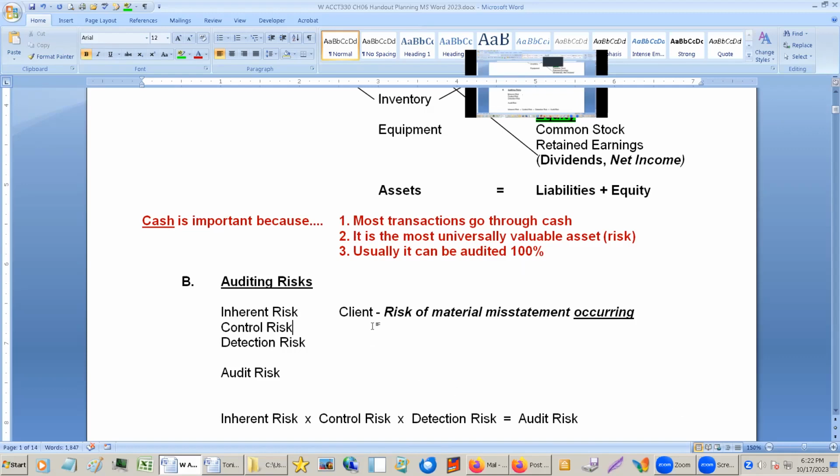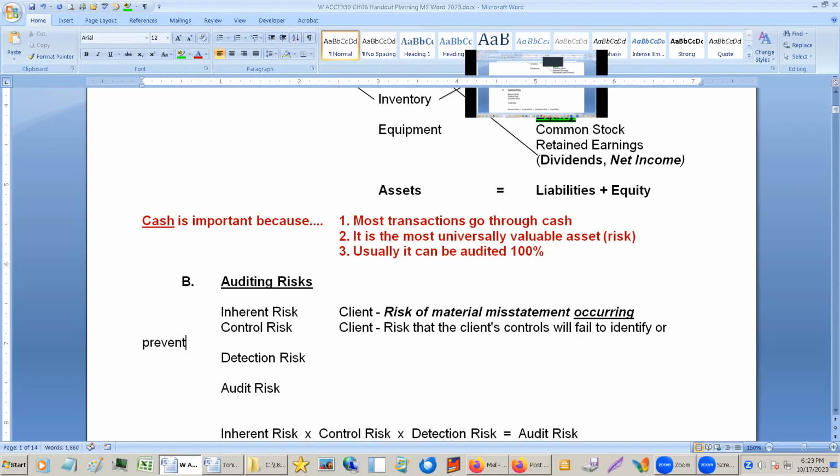Control risk. This is again the client. That the client's controls will fail to identify or prevent a material misstatement.